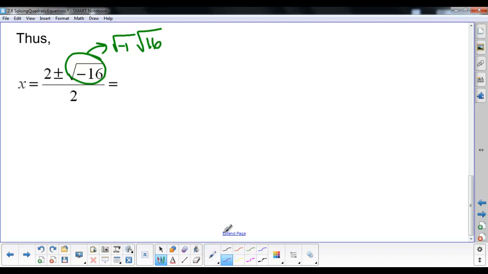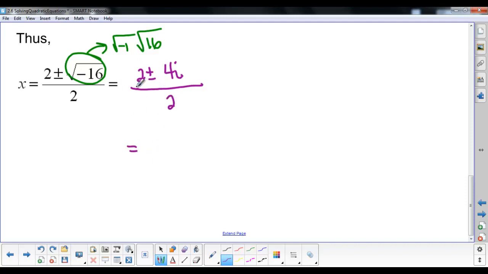I know that the square root of 16 is 4, and I know that the square root of -1 is i. And that's how we are going to write this. So 4i represents square root of -16.